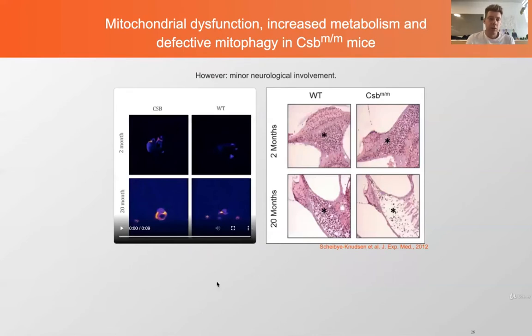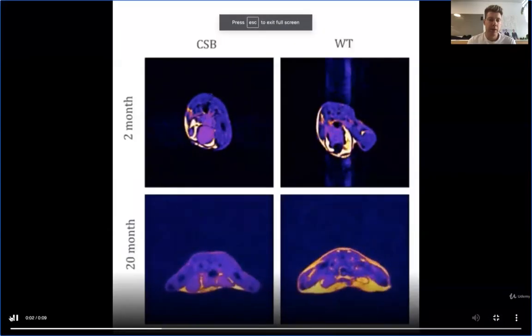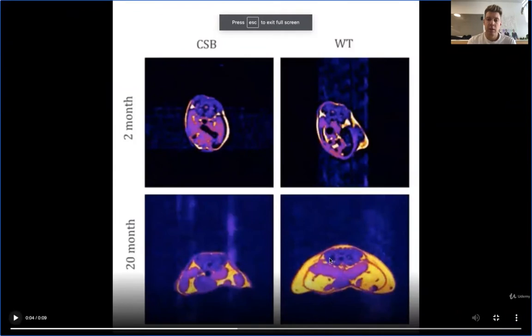We looked quite closely at the features of a mouse model of this that is mutated in the CSB gene. And so here we did an MRI scan of the mice, and what we can see is that the yellow here is fat, and you can see that with age, you tend to gain weight.